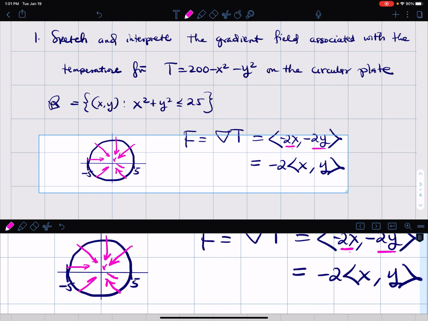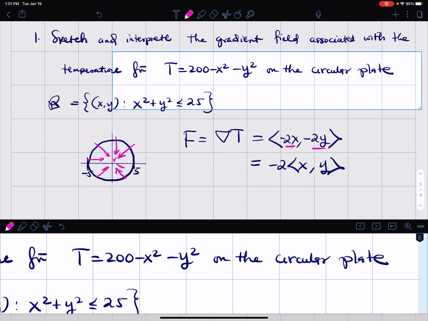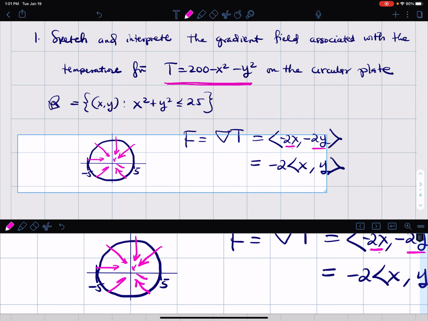We have this function for the temperature, and we're looking at it in this region R. And then the gradient field is pointing inwards. So the interpretation is that the diffusion of heat is inwards.